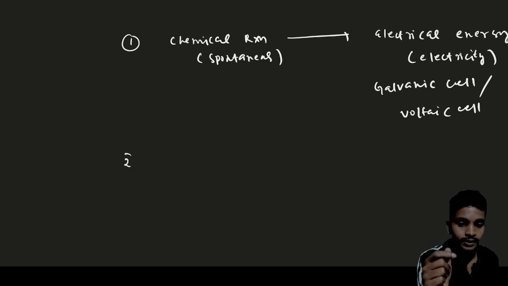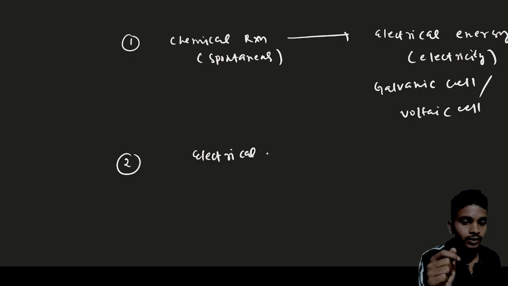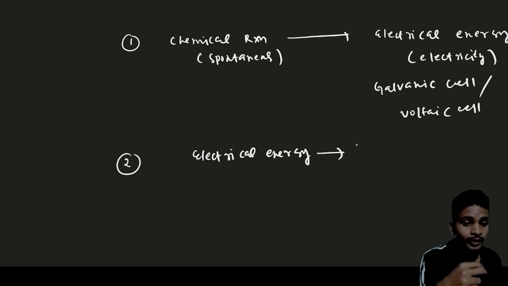And the second case is if we have electrical energy. If we have the electrical energy, we use it to do the chemical reactions. So we use the energy which we get from electricity, and with that energy we do the chemical reactions.